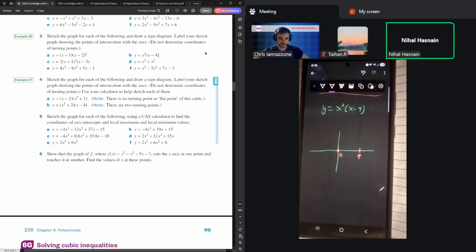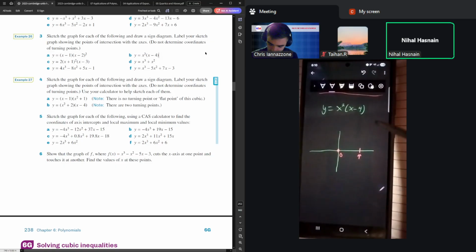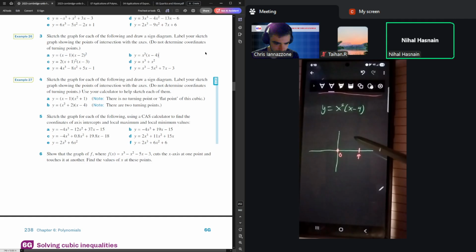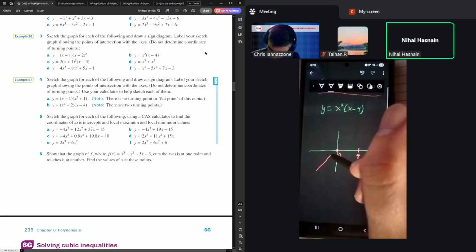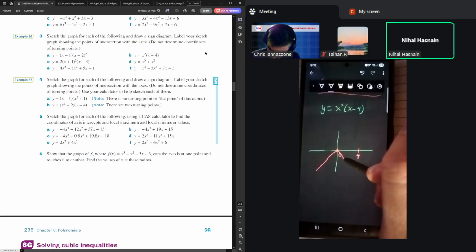For this graph, it will come in from the bottom left and bounce off the origin and then cross at 4.